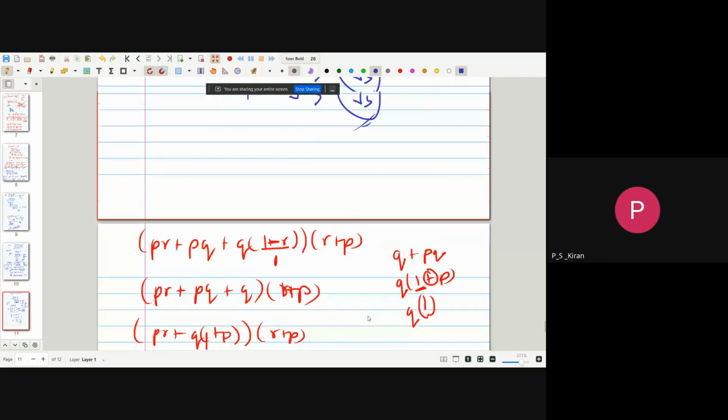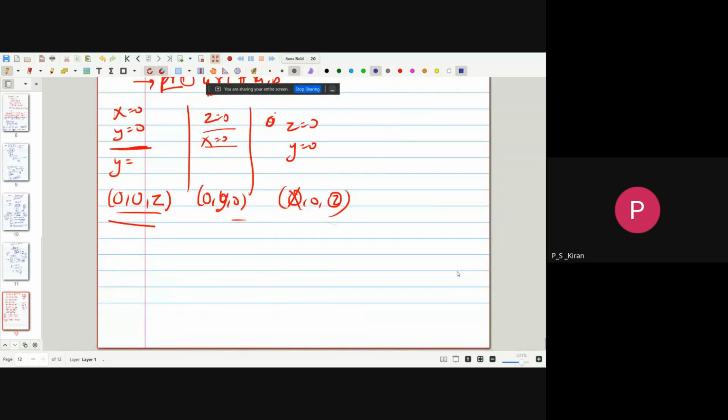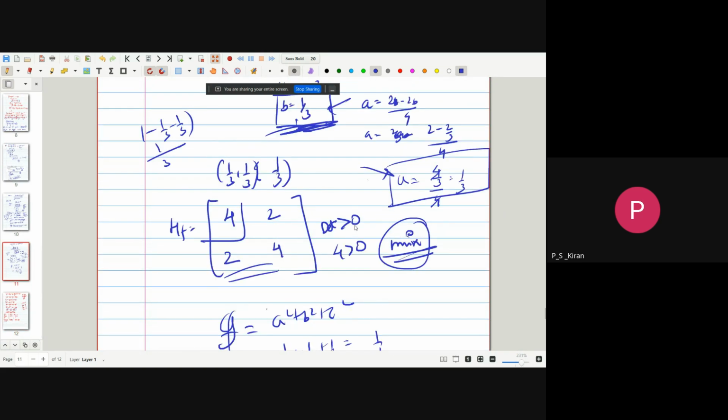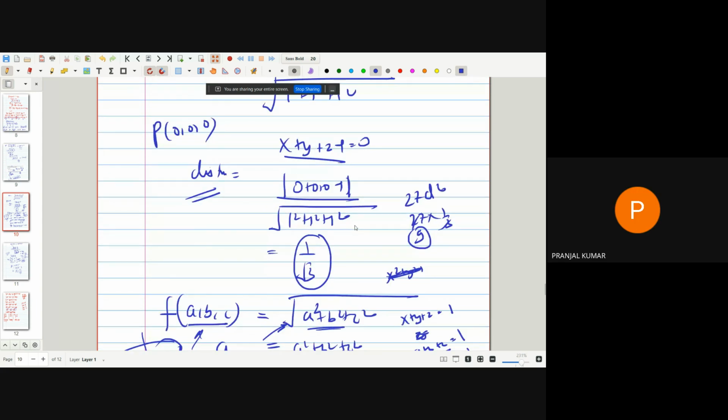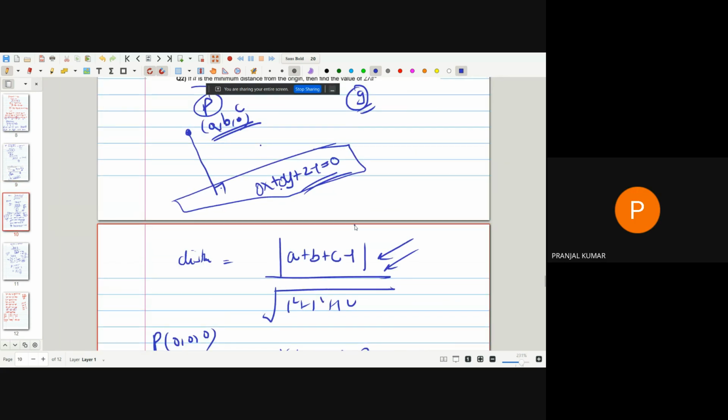Sir, we can just take the scalar of the normal vector and compare. See, that part is not covered. If you know, very good. These coefficients are nothing but the normal vector.